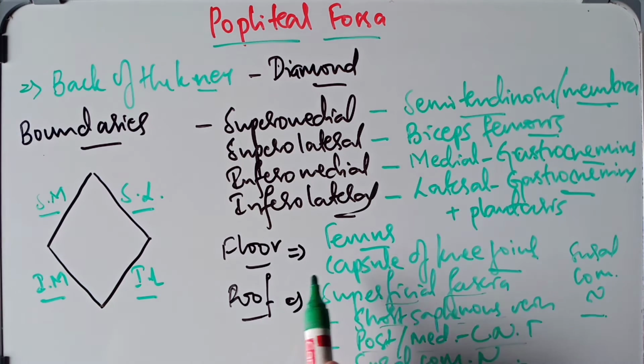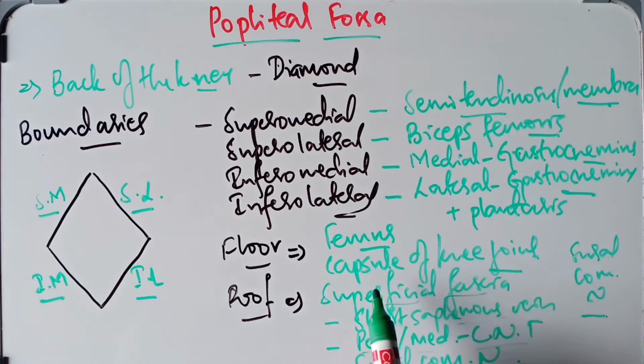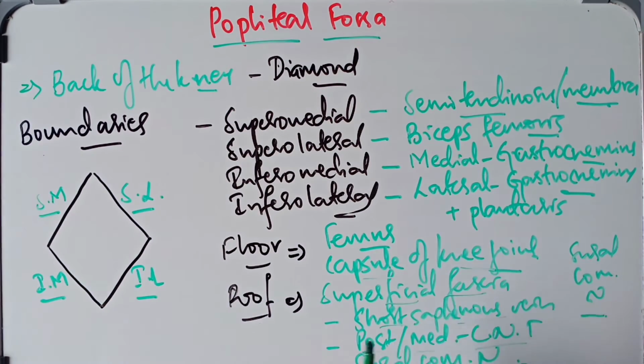So this is about the roof. The floor is formed by the popliteal surface of the femur as well as the capsule of the knee joint. So this is about the boundaries of the popliteal fossa, the floor and the roof.